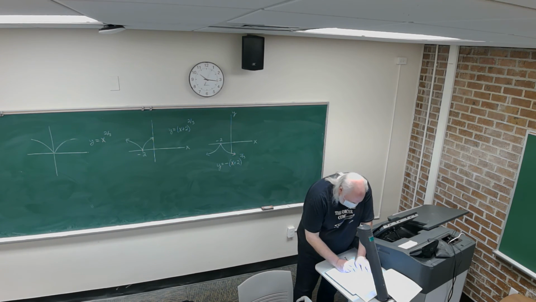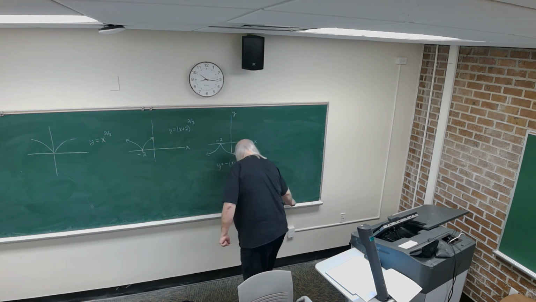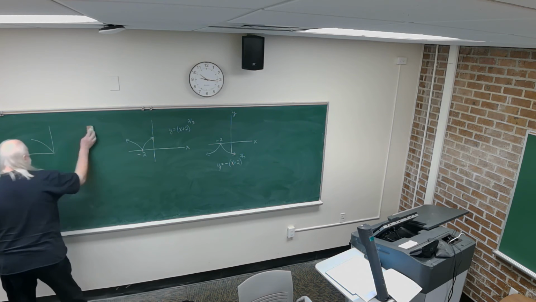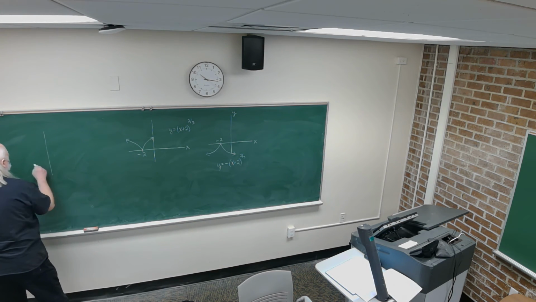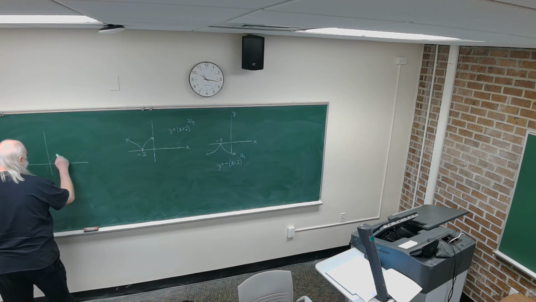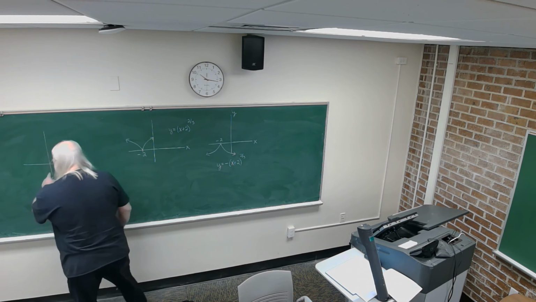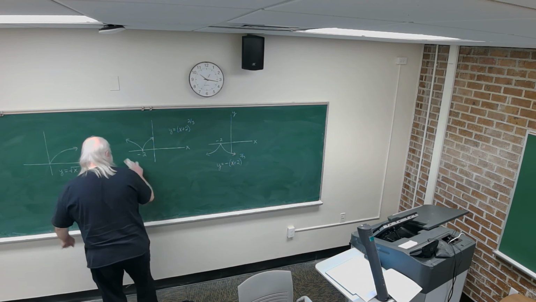So we take the square root function, we shift it to the left 3 units. And so when we shift it to the left 3 units, right, this point here at the origin is now at x equals minus 3.